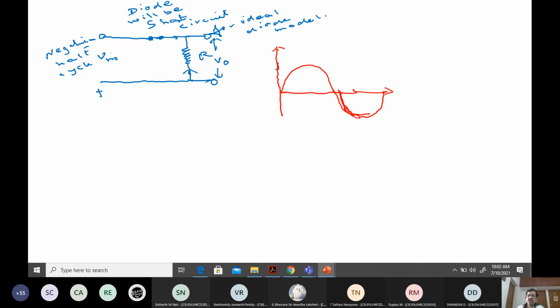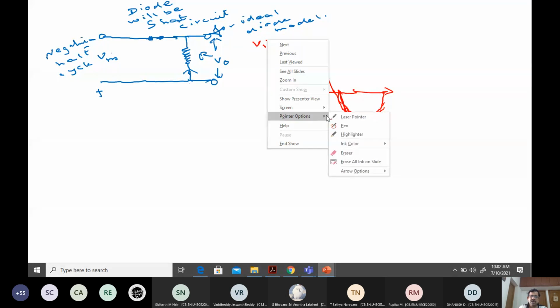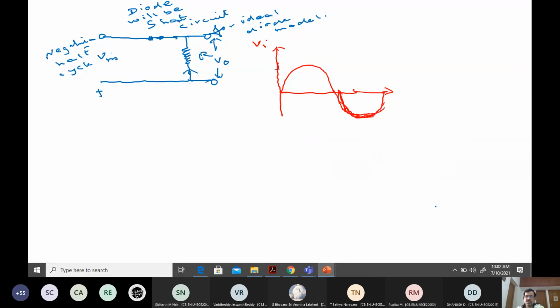Okay, so this is my input signal. The point is, the first half there is no, so this is my VA. Now I use the second color and draw it over that, so you get a feel for.